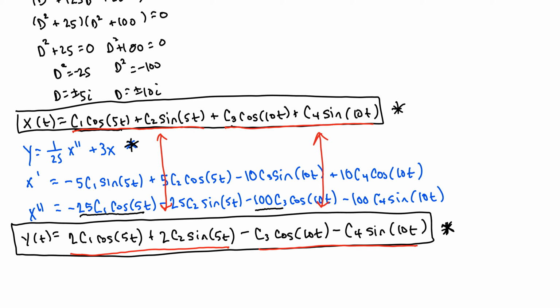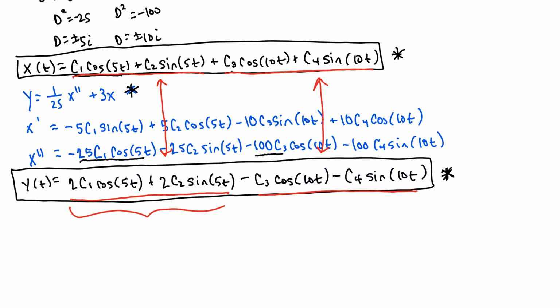If we wanted to use our trig identities, we could condense both of those into a single cosine wave. If we did, we would find out that these two form a cosine wave with a period of 2 pi over 5. So in this case, the two masses are going to be oscillating in the same direction, but the second mass has amplitude twice as tall as the first mass.